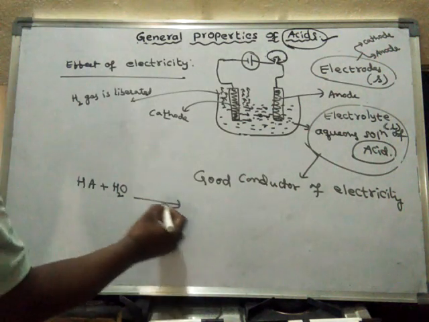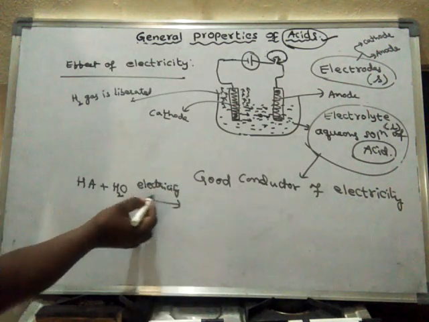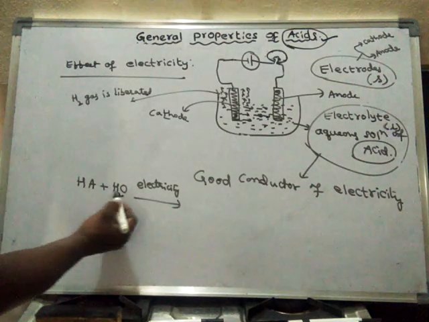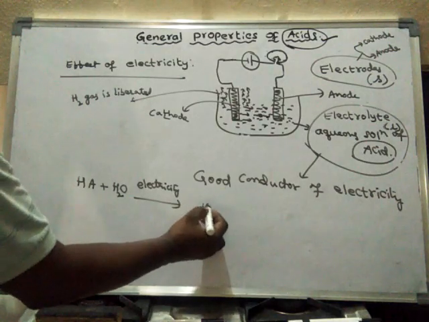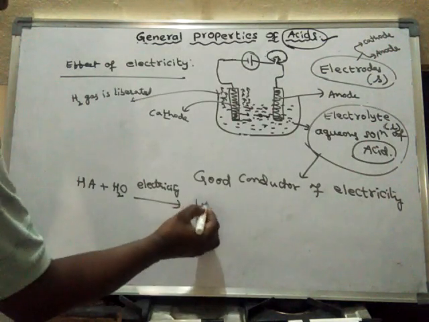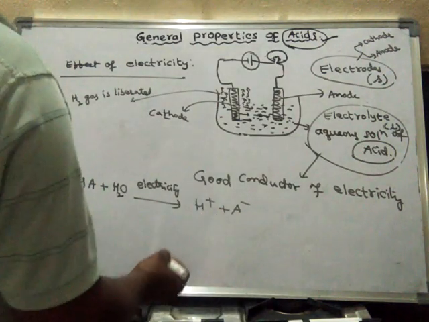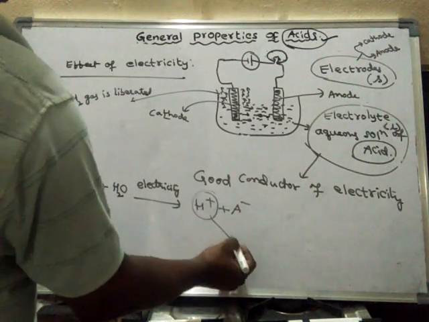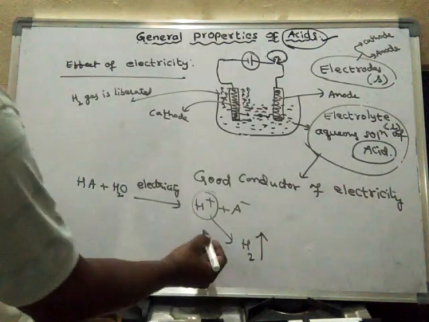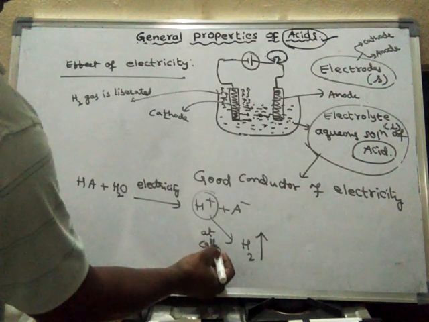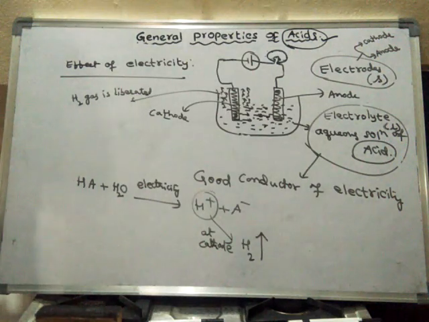When electricity is passed, the acid breaks down into H plus and A minus. Immediately, at the cathode, this H plus will convert into hydrogen gas.